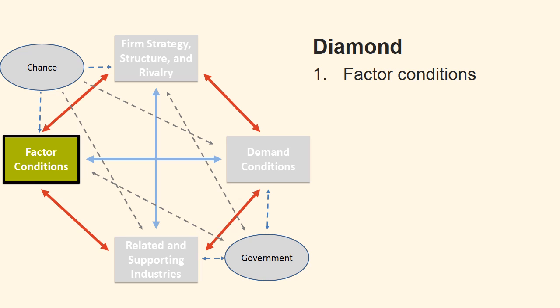The first discrimination is between advanced and basic factors. Advanced factors of production are skilled labor, knowledge, capital, and infrastructure. Basic factors such as unskilled labor and raw materials can be obtained by any company and don't generate competitive advantage.